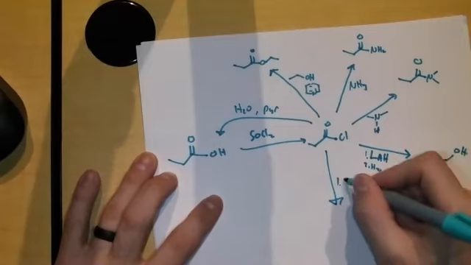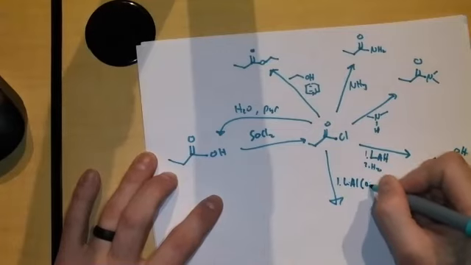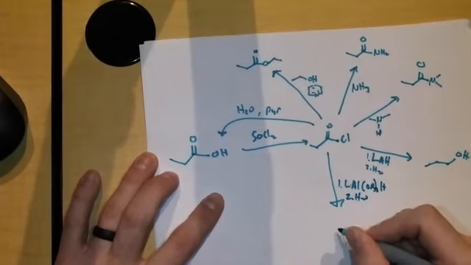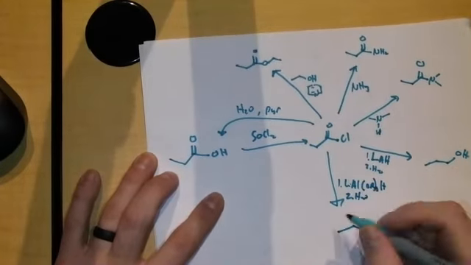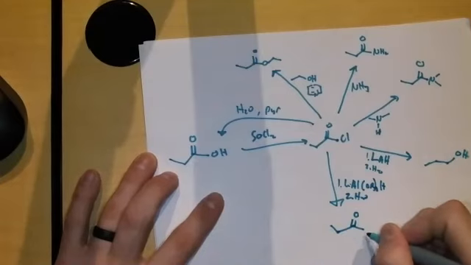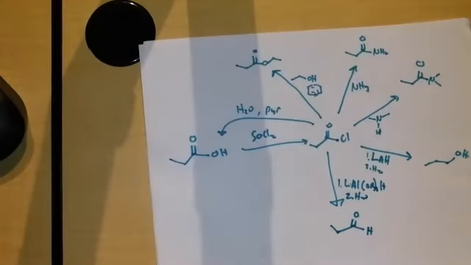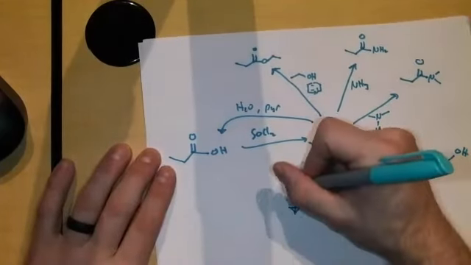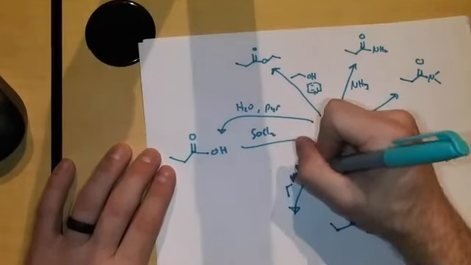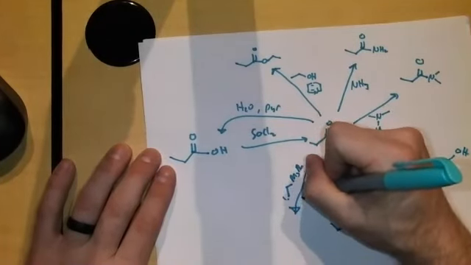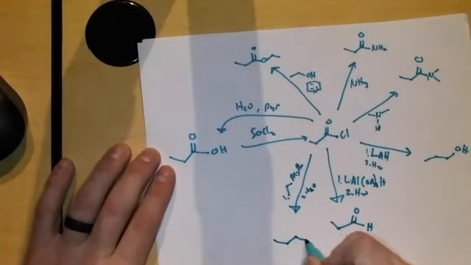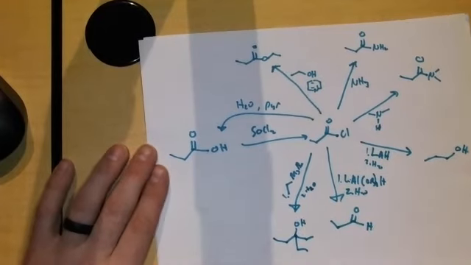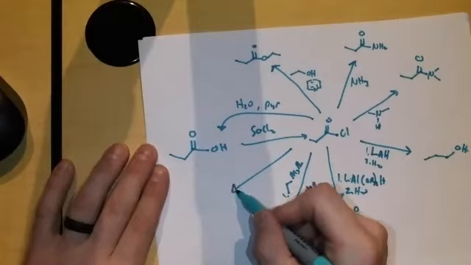So instead of the full reduction, if we throw in a Grignard, we'll do a double addition. And if we throw in a cuprate, we can do a single addition.